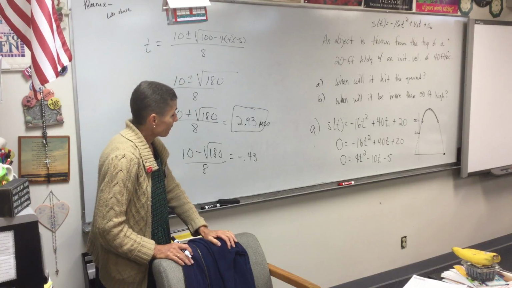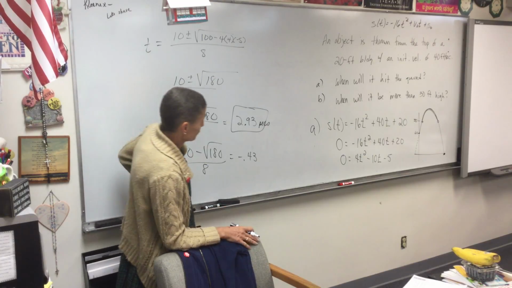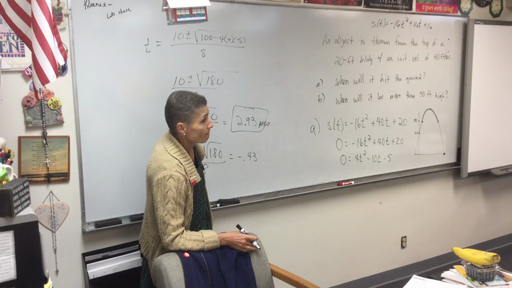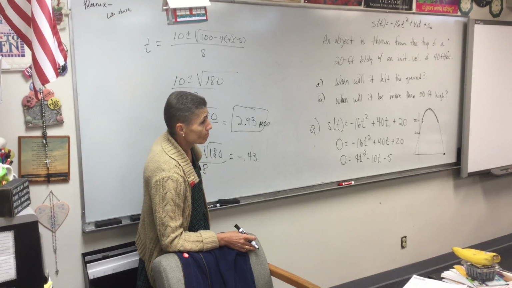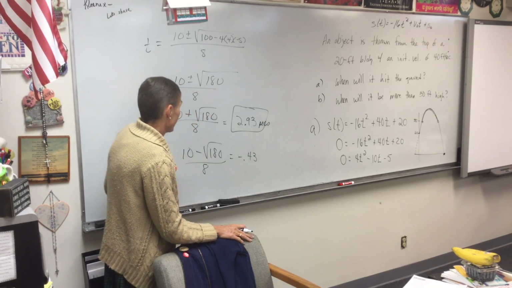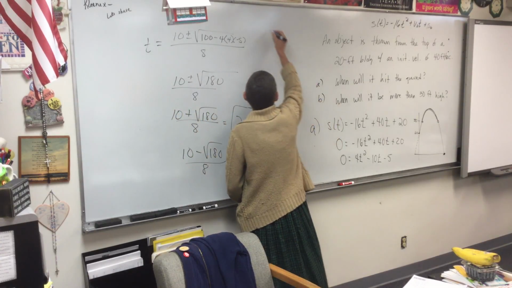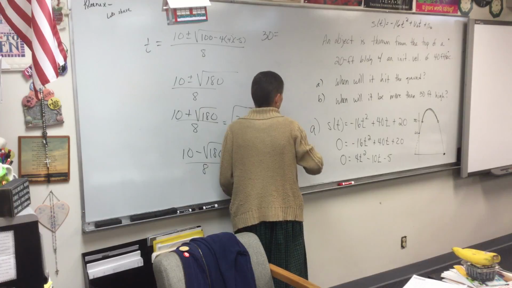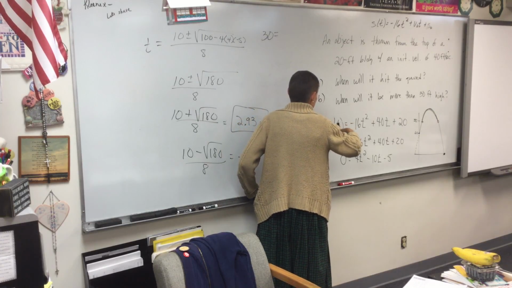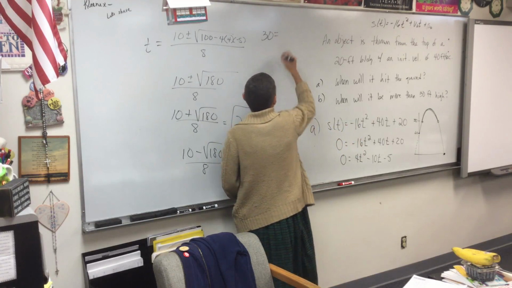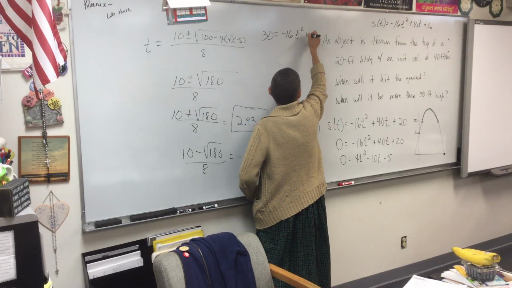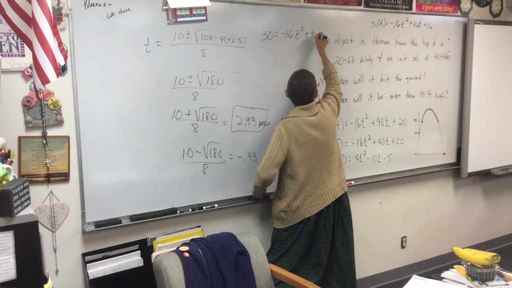All right, what do I do about B now? How do I find out when it will be more than 30 feet high? You just plug in 30. Where the 0 was, I'm going to plug in 30, because this is the height. So 30 equals negative 16t squared plus 40t plus 20.